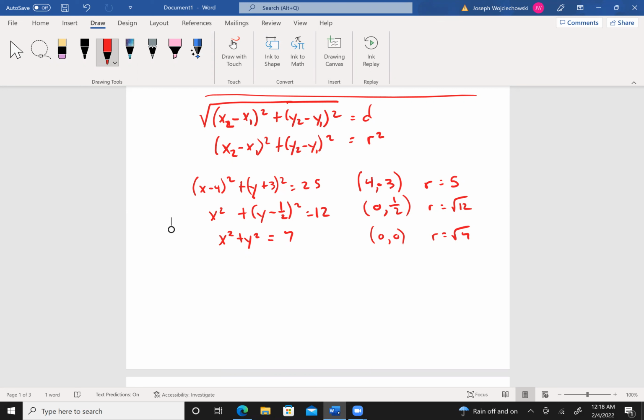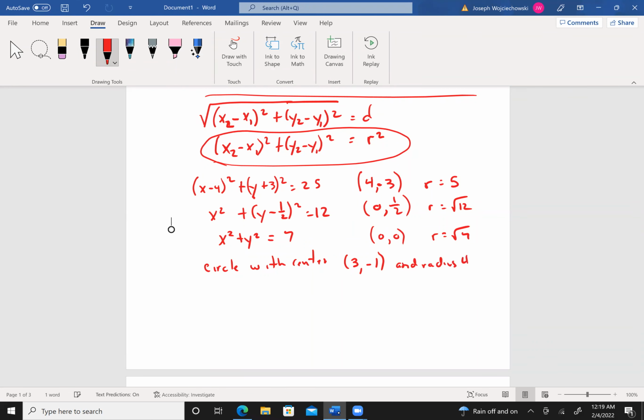Okay, so the standard form of a circle. If I have a circle with center 3, -1, and radius 4, can we write the equation for it?